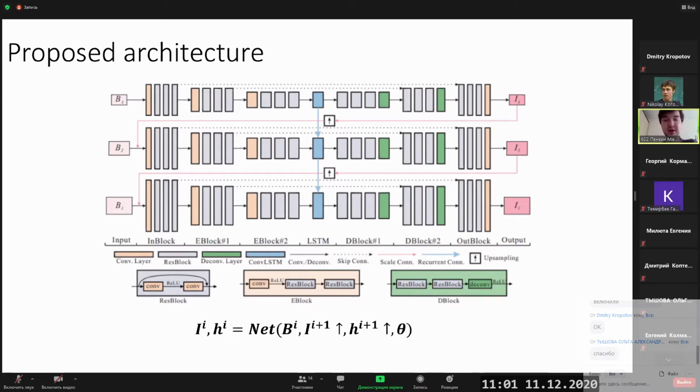And the second is that if the parameters are not shared, it is a concern that the model will overfit to a specific scale, for example, or to a specific motion. So they decided to share parameters here.